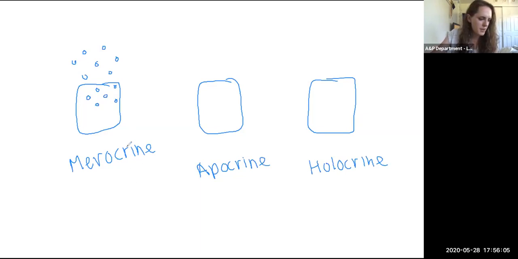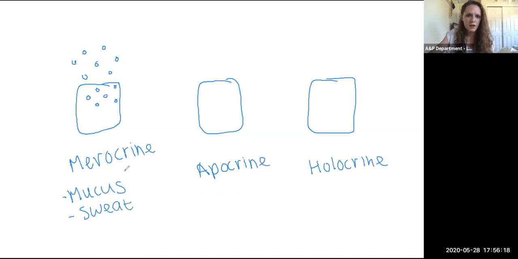This is going to be your mucus and your sweat. So merocrine secretes little vesicle packages, and it secretes mucus and sweat.